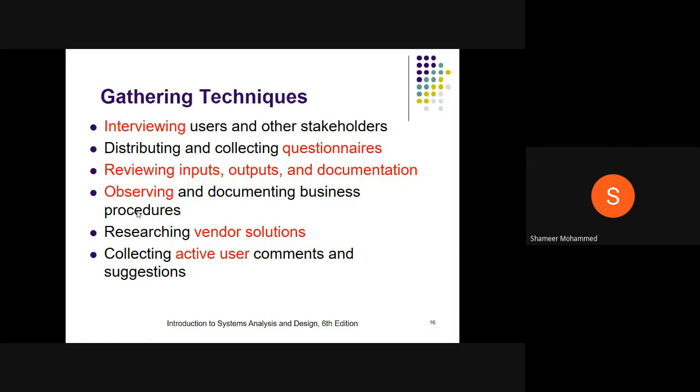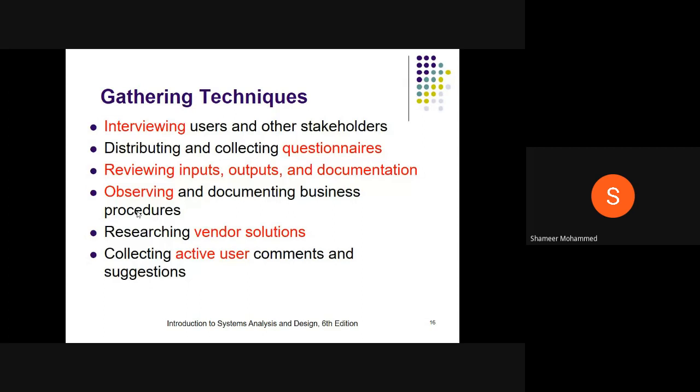If there are any other solutions available on the internet, like if you are developing an SIS system, see what other SIS systems exist on the internet. Try to search and study any weakness or any strong point in that system that we don't have in our existing SIS. Then you can research it and provide the solution.